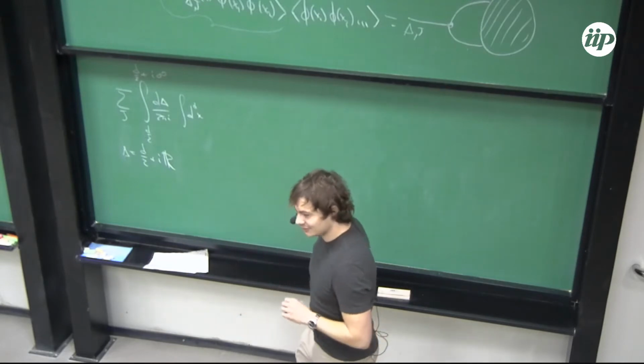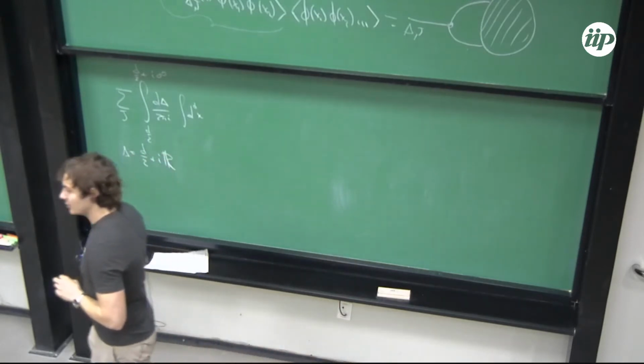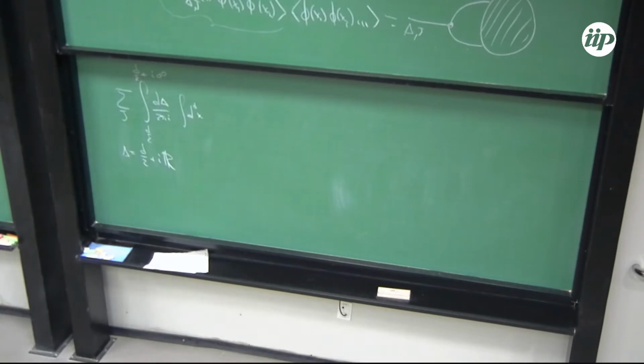Representations with delta and d minus delta are equivalent. The shadow transform is like an intertwiner between them.